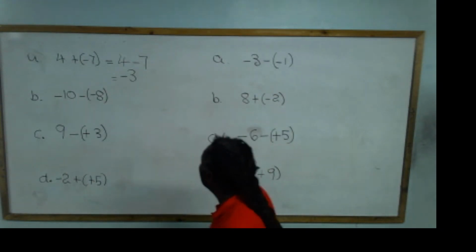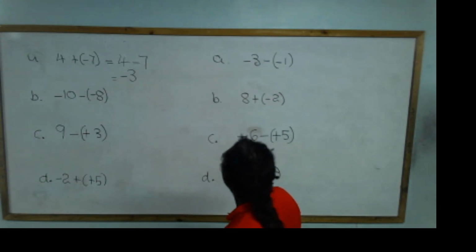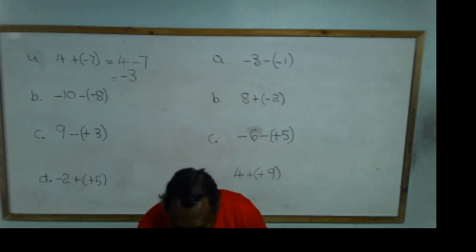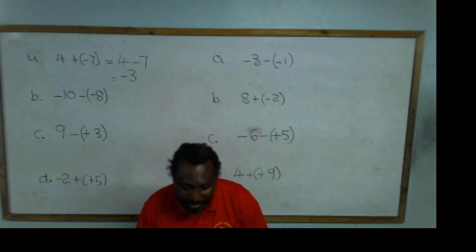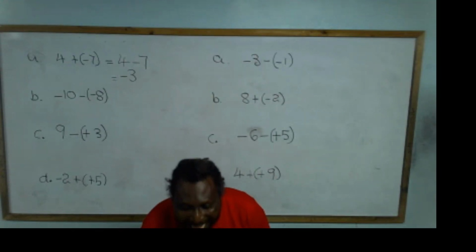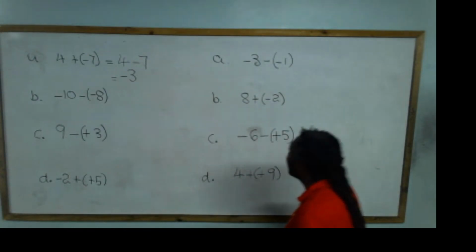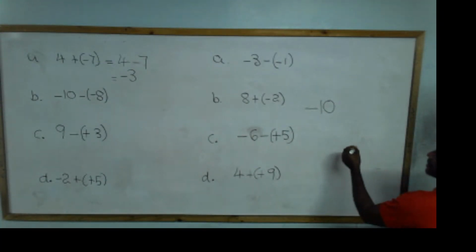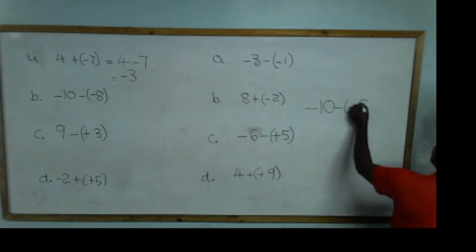What's at B? Negative 10 minus negative 8.